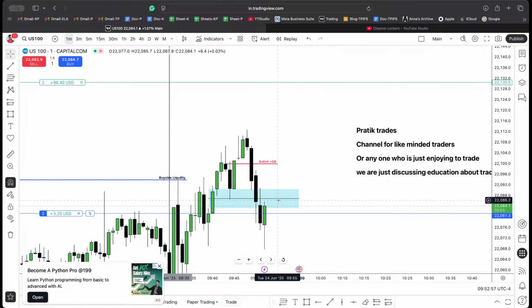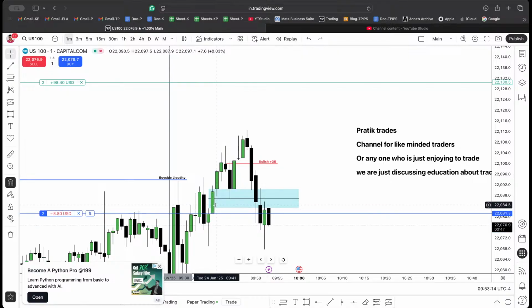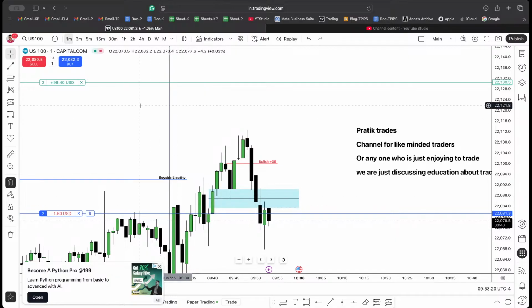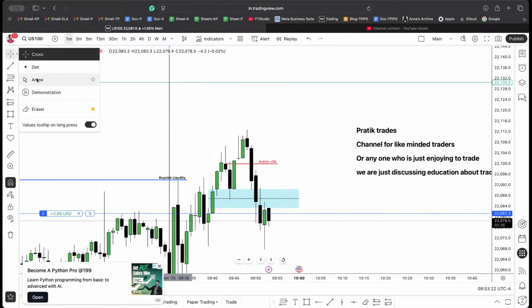So a fair value gap is a gap between two candles, where the price is not fully repriced, where there is an inefficiency.